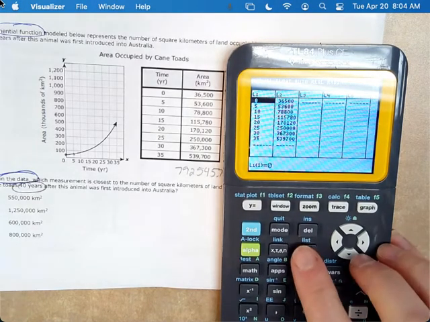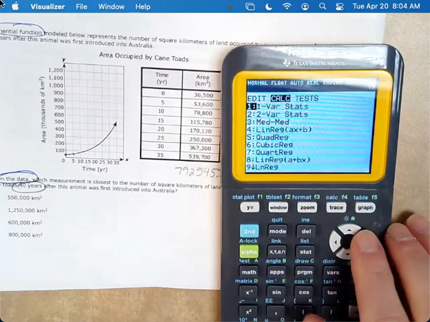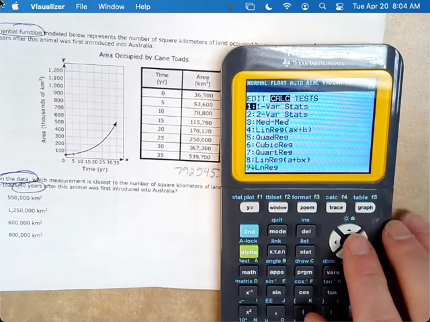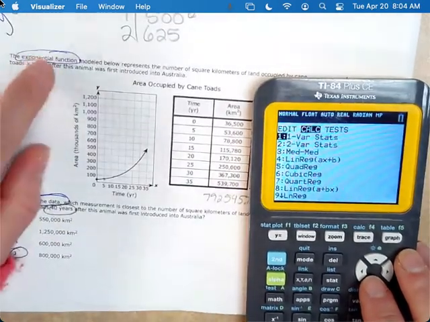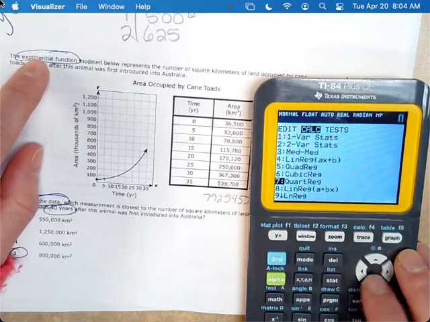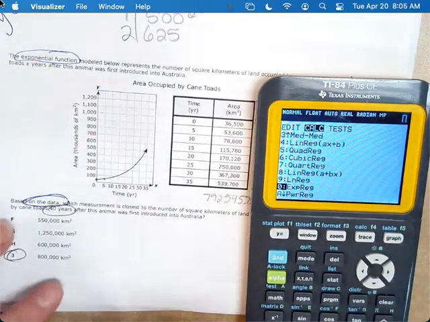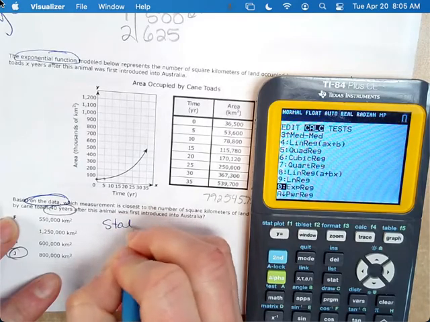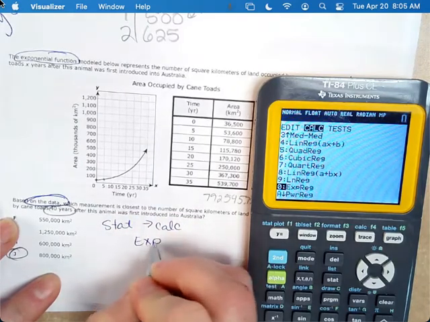All right. Now go to Stat, over to Calc, and we want to do exponential regression because they tell us this is an exponential function. Let's go down until you find exponential regression. So Stat, Calc, exponential regression.